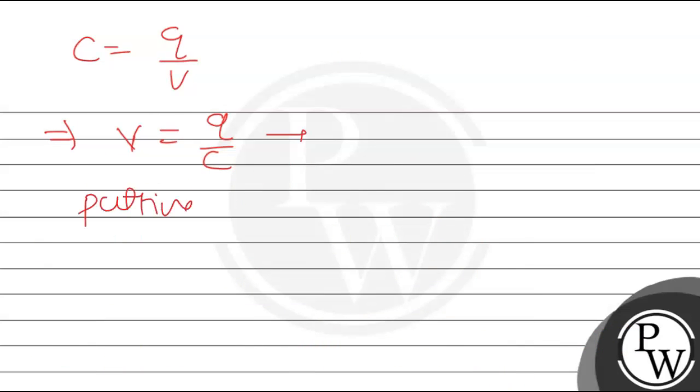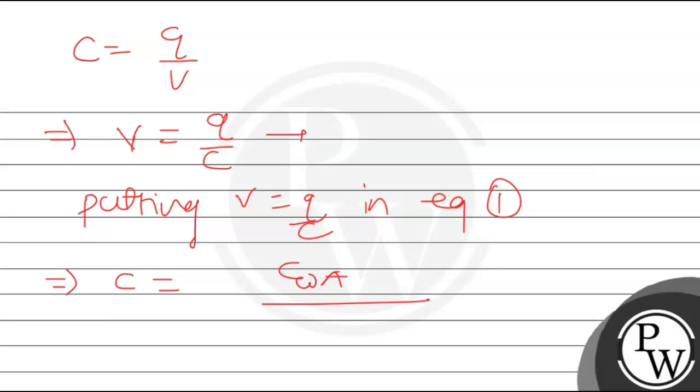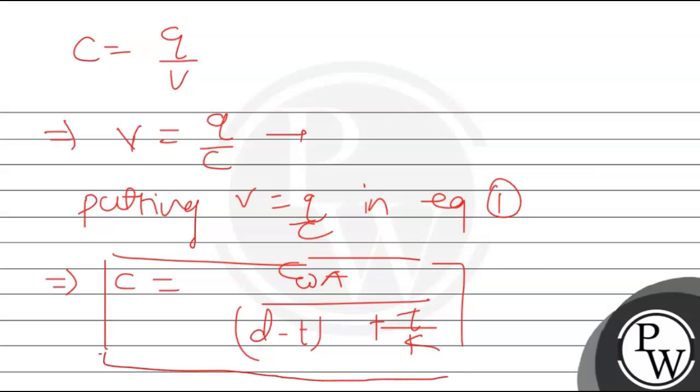Putting V equal to Q upon C in equation 1, we will get C equal to epsilon naught into A upon D minus T plus T upon K. So this is the final formula of the capacitance.